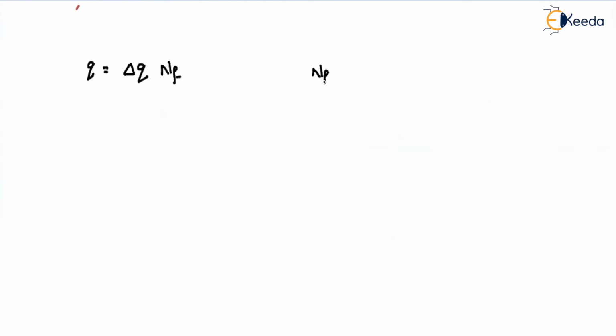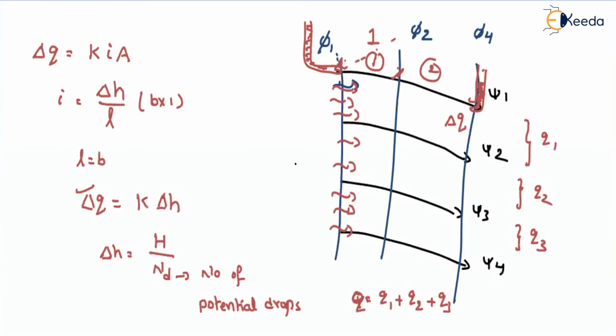What is meant by NF here? NF is nothing but the number of flow channels. In the present example, how many flow channels have we considered? First flow channel, second flow channel, third flow channel. So in this case, three flow channels, which means 3 into delta Q.